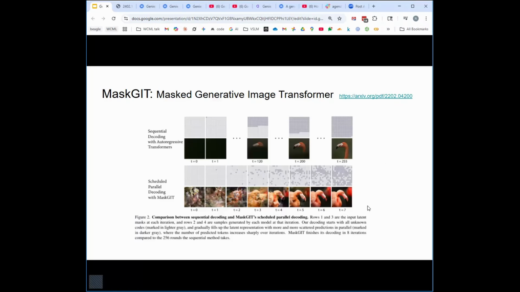But if it's autoregressive, it could be something like that VAR paper, or it could be a diffusion model. Either way, the idea is that you don't generate in one step, and each step is informed by all the information you have from the prior steps.